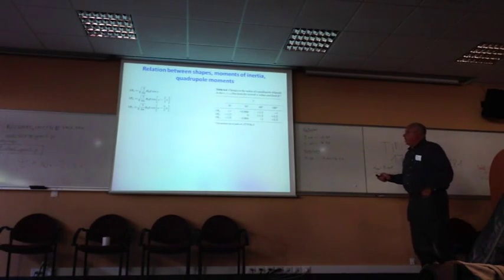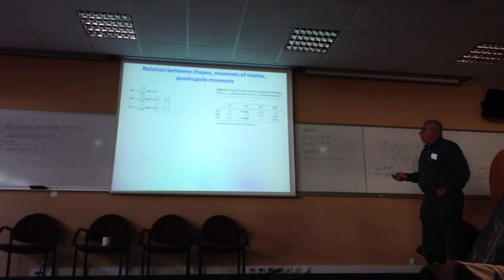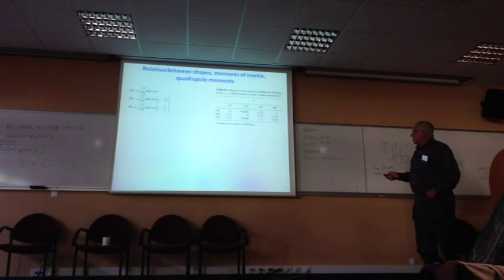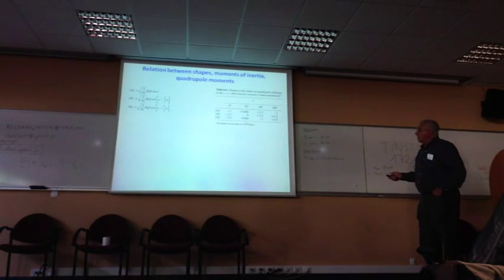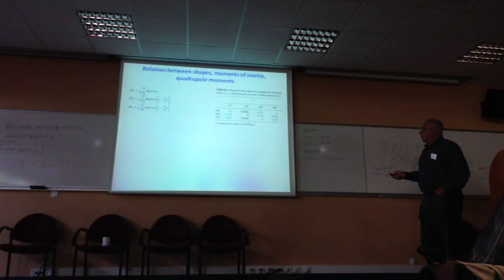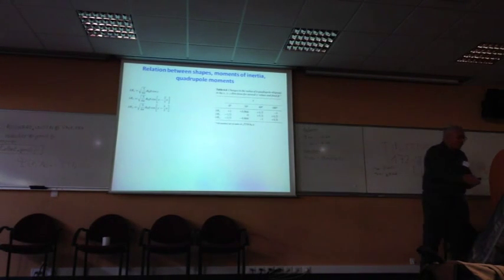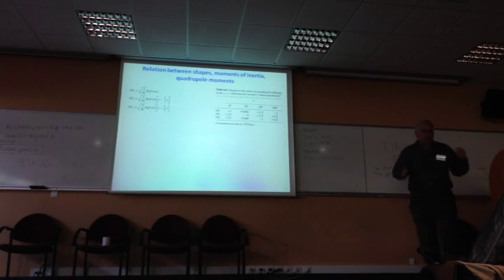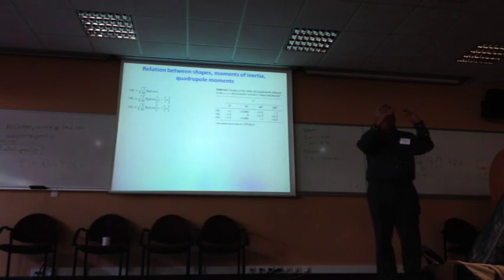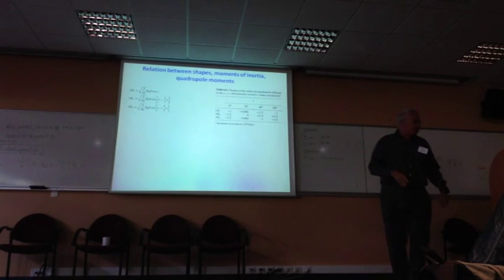For gamma equals 0, delta RZ is +1 in units of these square roots. And delta Rx and delta Ry are equal and half as much. So what that means is you take a sphere, you elongate it in this direction. To conserve volume, you squeeze it in this direction and squeeze it in this direction.